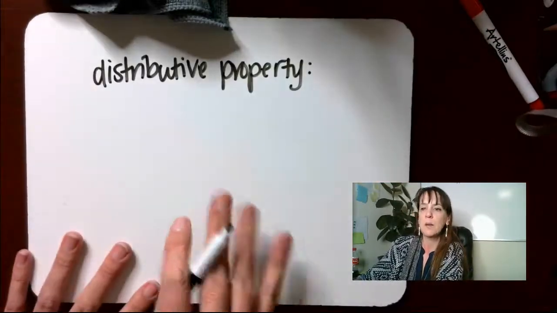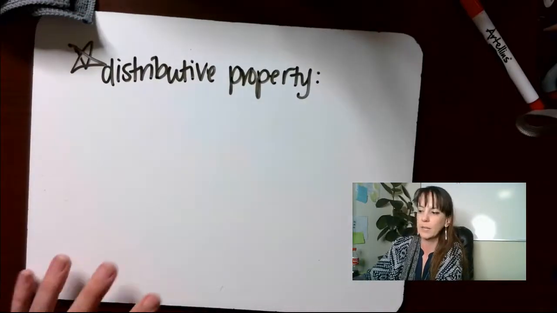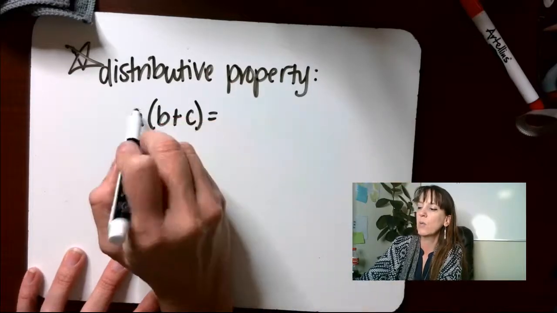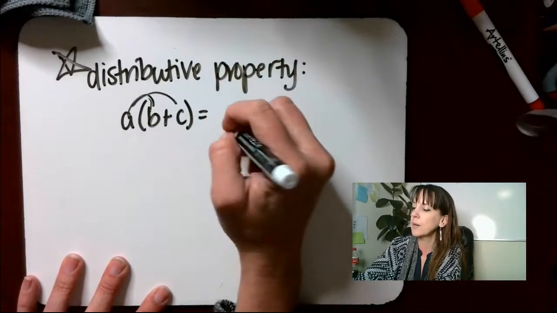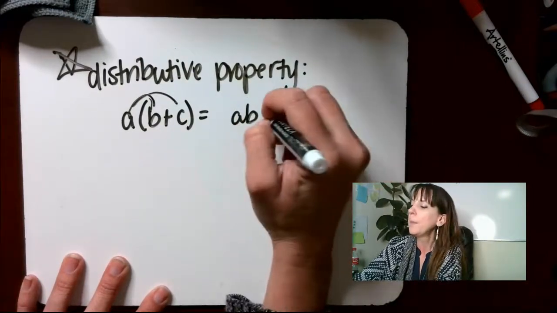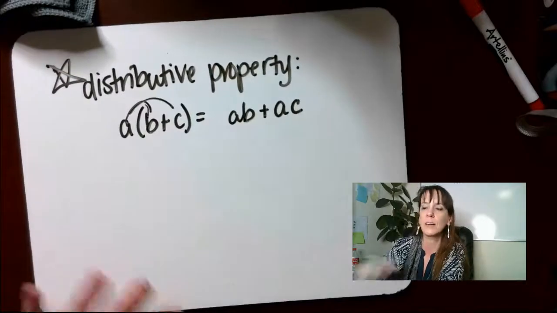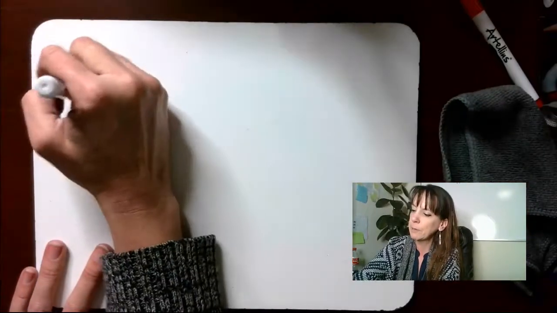You're going to put this in your notes, so you're going to star it or something so that you can recognize it. A(B plus C) equals, what we do is we distribute the A to the B and the A to the C. So we end up with A times B plus A times C. Okay, so that's all the distributive property is. I call it the rainbow property because you make these little rainbows, right?